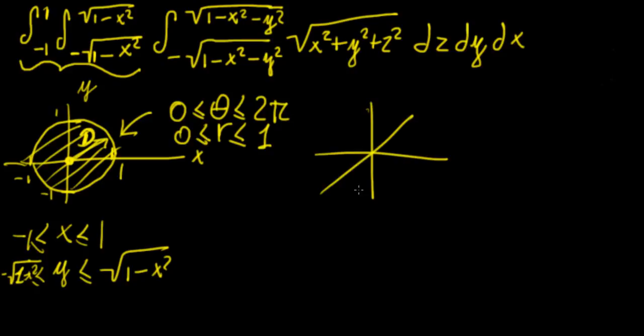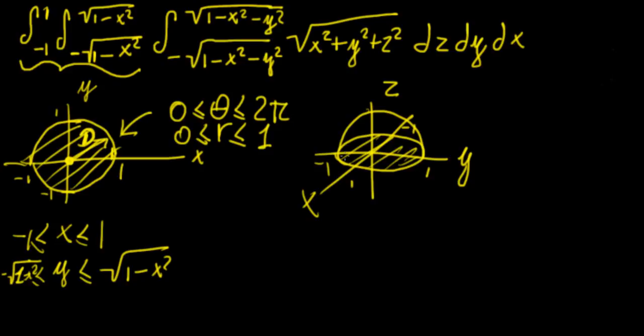But what we can do is now draw our three-dimensional space. So let's have x, y, and z. Our region of integration in xy is just a circle here, so that's 1, 1, -1, and -1. And now the region of integration with respect to z is going to be two hemispheres rather. So it's going to cover this and that, and both of those are going to have radius 1.